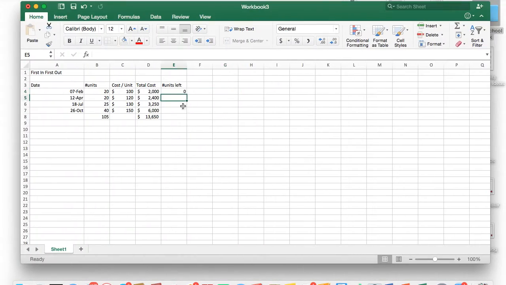Since there's still 15 more units, we're going to take the 20 from here and subtract 15. So for this purchase, we only have 5 units left. And in the next two, we'll still have the full number of units. These will remain unchanged after that first sale.